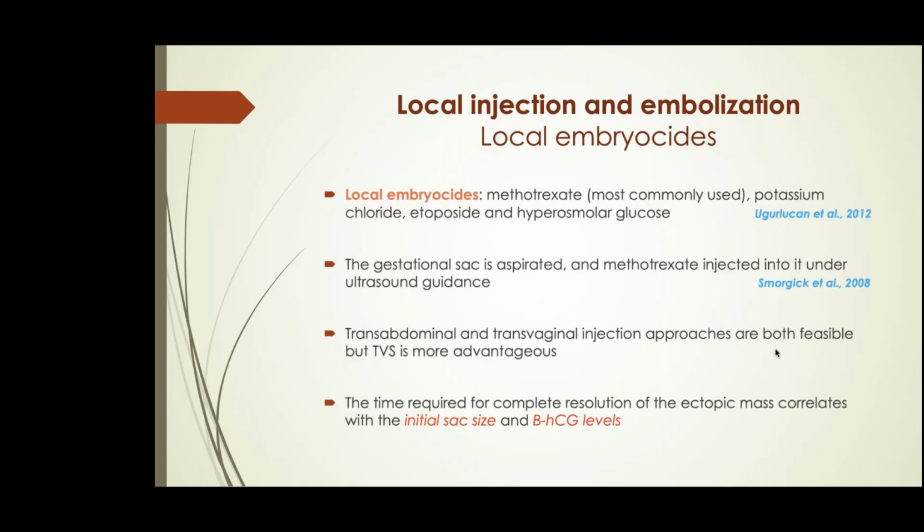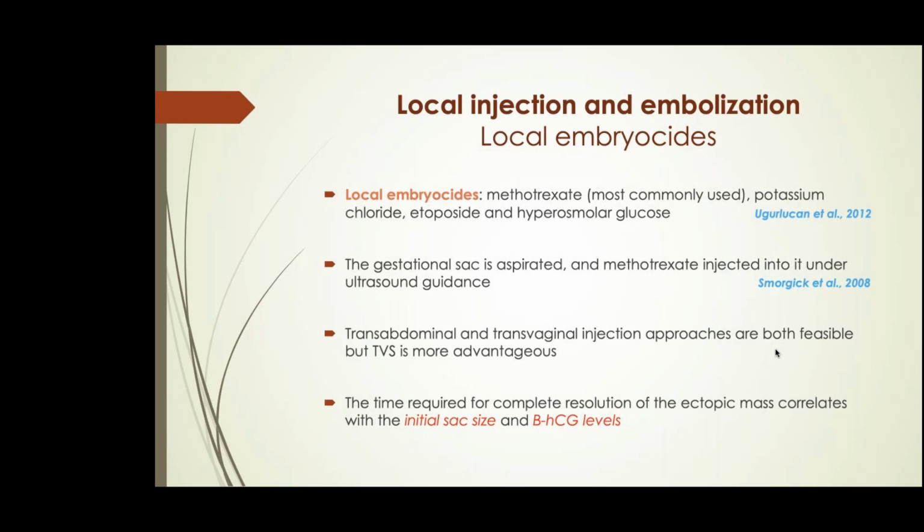Another route for methotrexate can be the local injection, the local embryocides. Of them, methotrexate is the most commonly used, but others like potassium chloride, etoposide and hyperosmolar glucose have been tried as well. But again, methotrexate is the most commonly used.